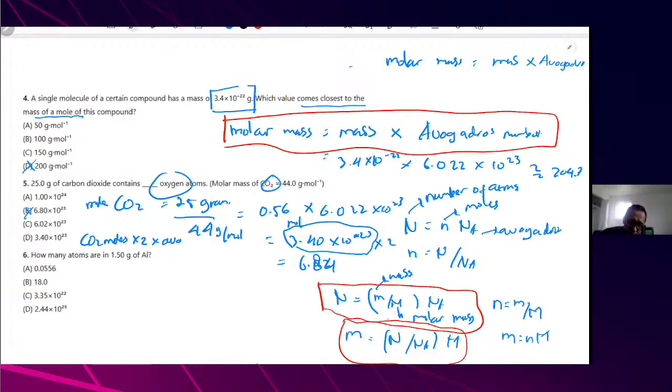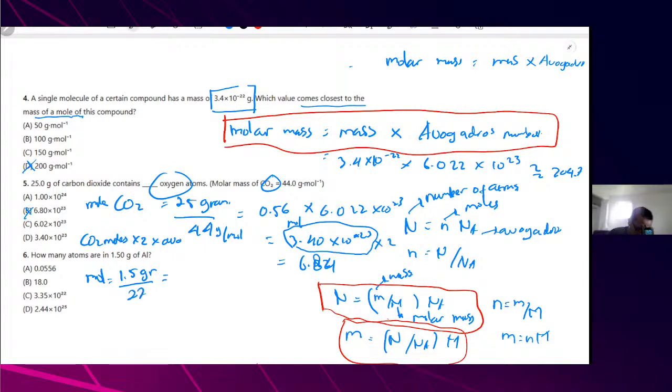And then again, how many atoms are in 1.5 gram of aluminum? Okay, how many atoms? So you know the aluminum is 27. So 1.5 gram, this is small again, divided by 27.